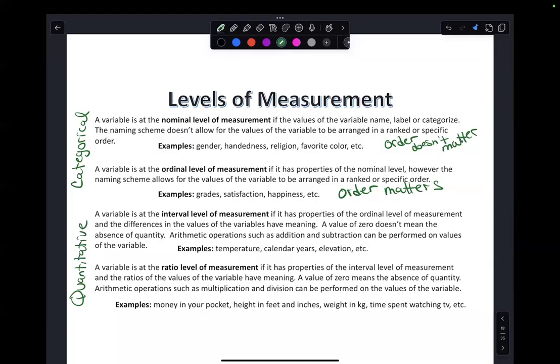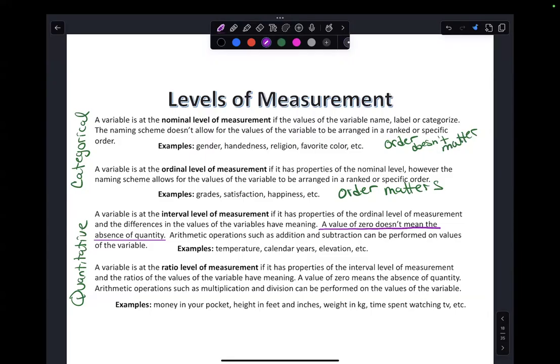Now, these ones are the ones where people struggle. With the interval level of measurement, there's a couple of different things here. This is important right here. A value of 0 doesn't mean the absence of quantity. The first thing I always do when I'm looking at numerical data and trying to determine if it's interval or ratio, I ask myself, does a value of 0 mean absence of quantity?